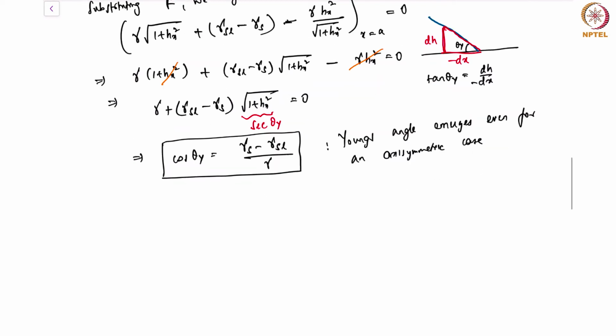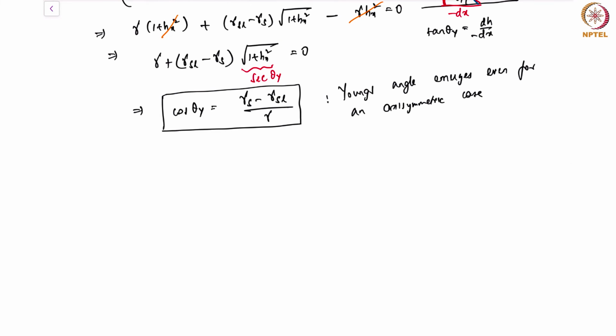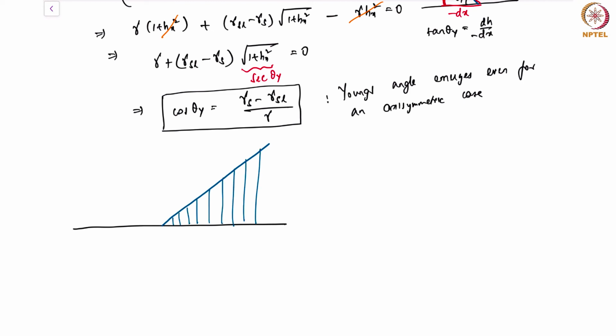Now there is another way to also arrive at this result, and I'll illustrate this very simple way of doing this, which is, if you consider, let's take a flat surface, and you have an interface like this, and we are making an angle.